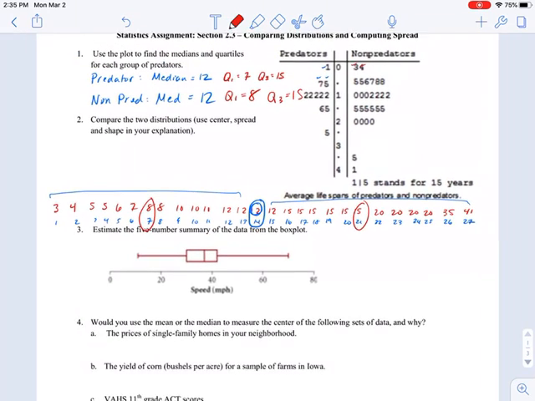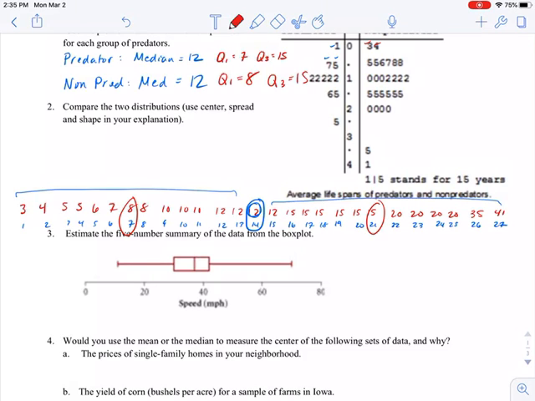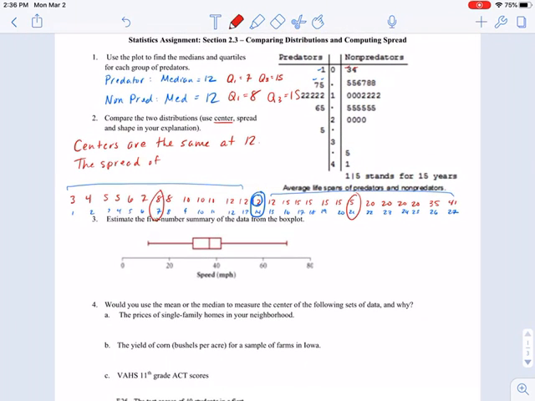Okay, so now I'm supposed to compare the two distributions. So when I compare the center, I would say the centers are the same at 12. The spread of the non-predators is greater.